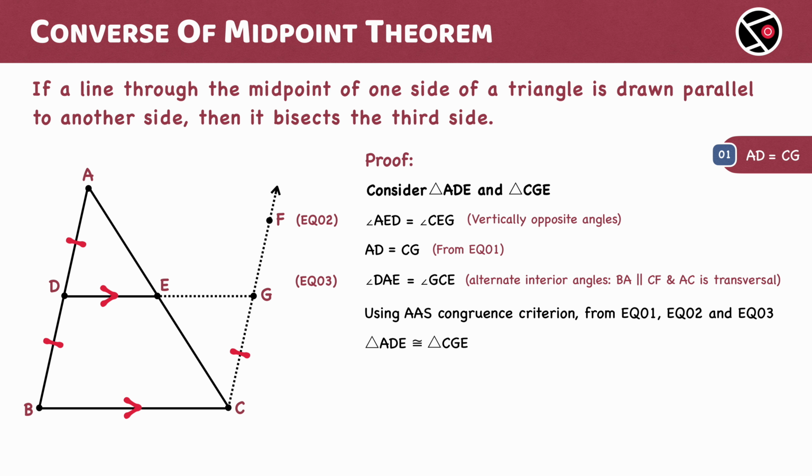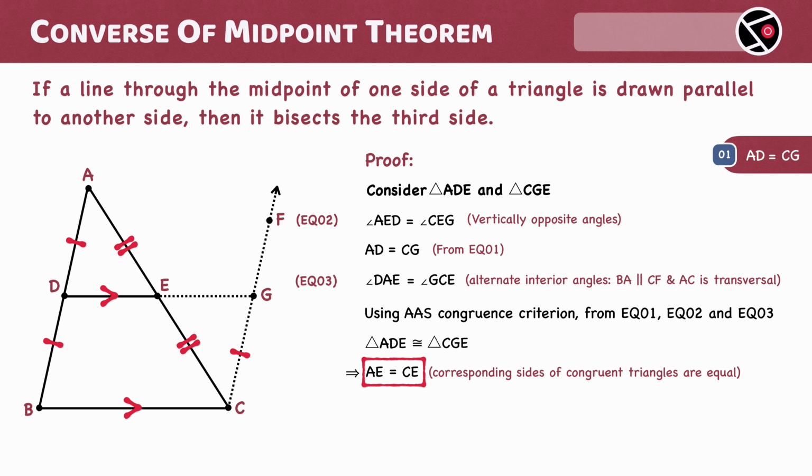Since corresponding sides of congruent triangles are equal, AE equals CE. AC is bisected by DE at point E. With this, we have proven the converse of the midpoint theorem.